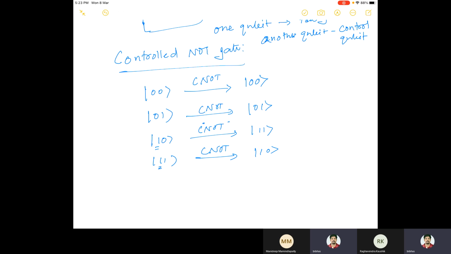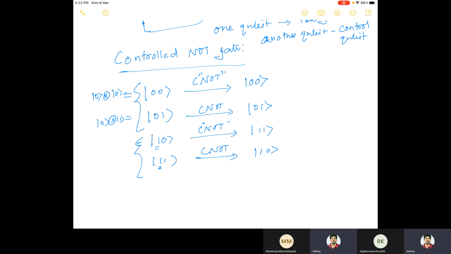When the first qubit is at state 0, the NOT operation is not acting. So it's controlling the operation. Same thing when it is 0 1, it's not acting. And when it is 1 0, it is acting, because the first qubit is the control and the second qubit is the target one, and the target operation is the NOT operation.